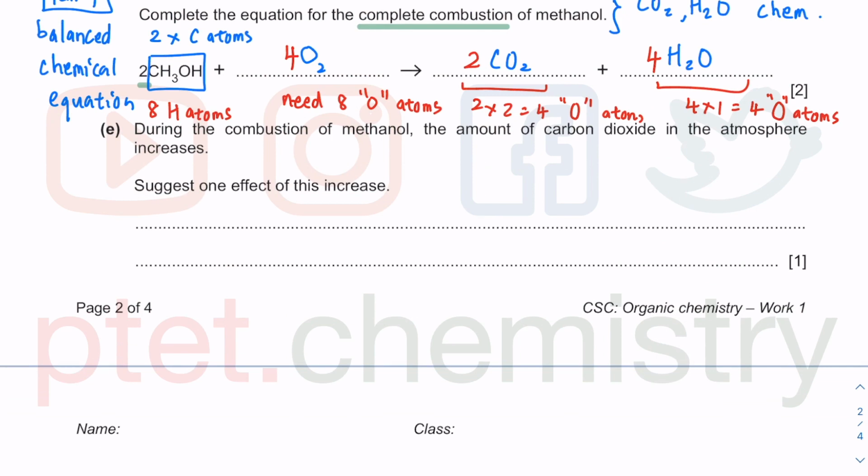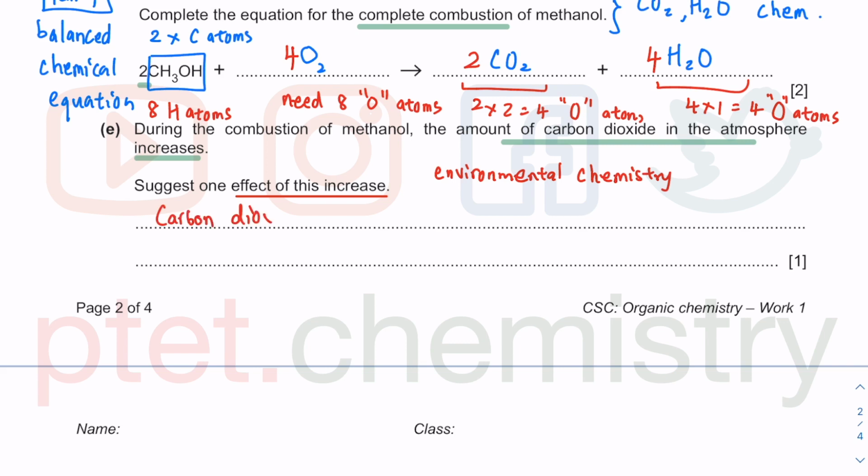During the combustion of methanol, we get more carbon dioxide in the atmosphere. What is the effect of this increase? This is part of the year 10 environmental chemistry part of the syllabus. So carbon dioxide is a greenhouse gas. So what does a greenhouse gas do?